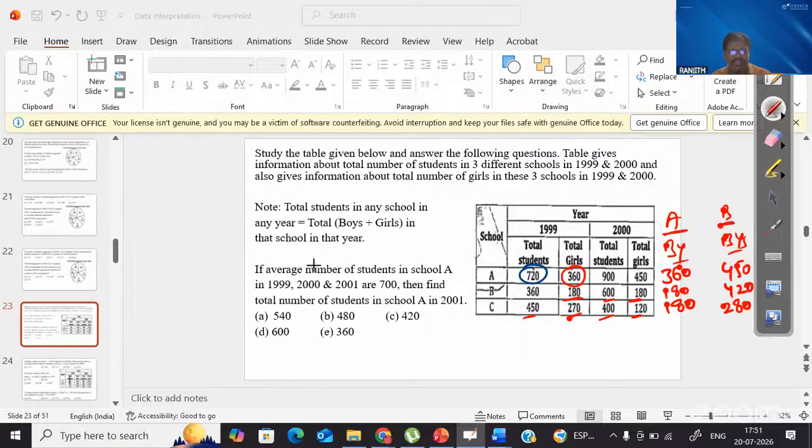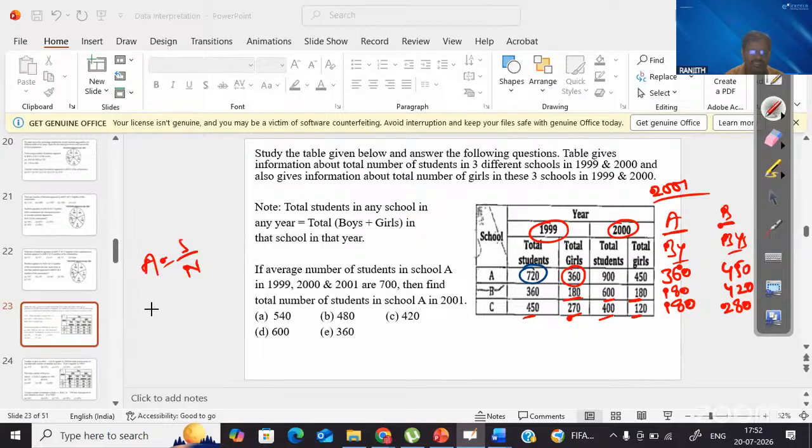If the average number of students in school A in 1999, 2000, 2001 are 700, then find the total number of students in school A. He mentioned the average number of students, so he has given only 99, 2000. He didn't mention 2001, but he has given 2001 also. Average will be equal to sum by number.